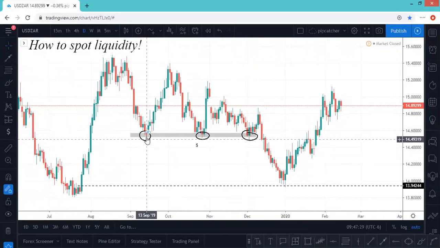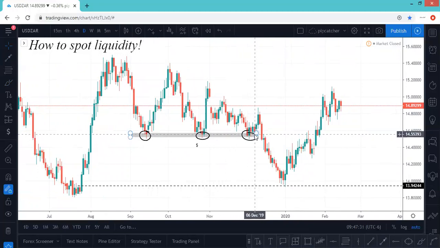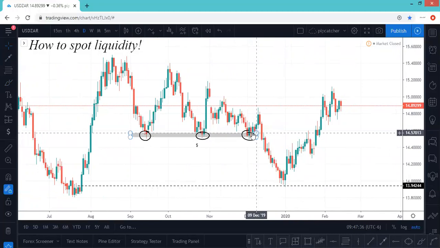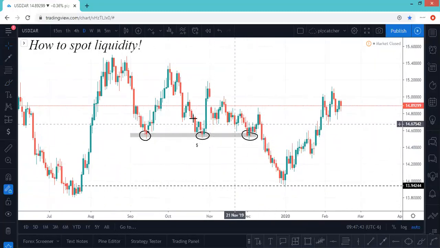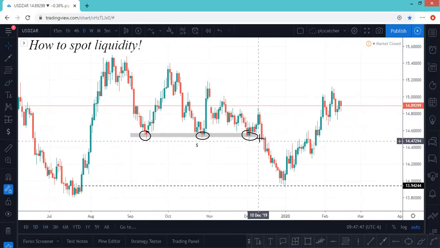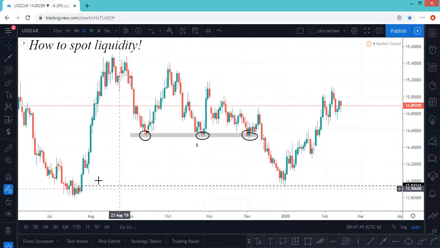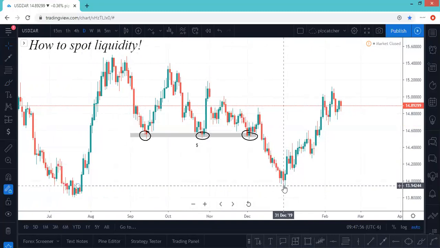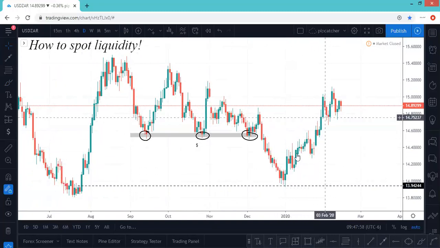Think, how can I go in line with the manipulation, so I don't become one of the 95% of traders that lose 95% of their account within 95 days? You know what I mean? So beautiful liquidity grab to the downside just to buy up on USD ZAR.